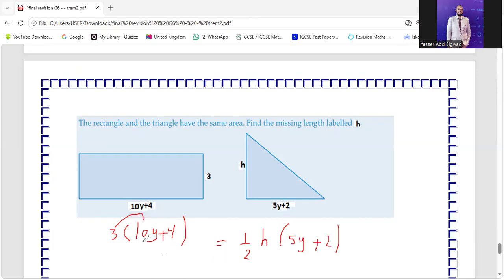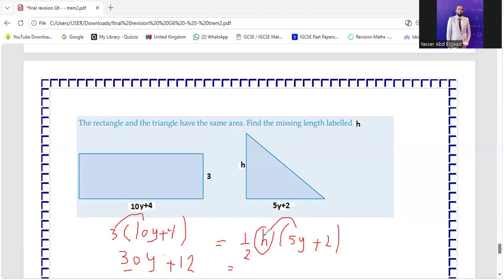We can do it another way. 3 multiplied by 10, you get 30y, and 3 multiplied by 4 is 12. Take the half and multiply by 5, get 30. We can compare like this. Maybe it's complicated. If we put 6 divided by 2, 3 multiplied by 5, it's 15.